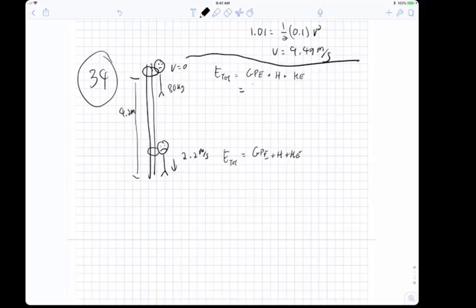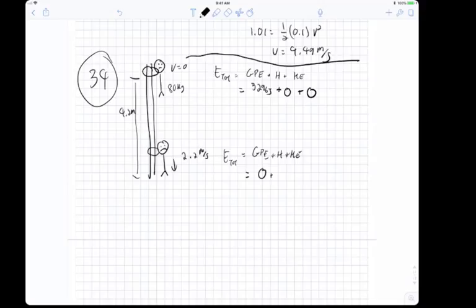So at the top there's 3,296 joules. I'm going to stay at the top. The heat is 0, not because there's no heat at the top, but what we care about is the change in heat. So it's going to increase. Kinetic energy at the top is 0. Gravitational potential at the bottom is 0.